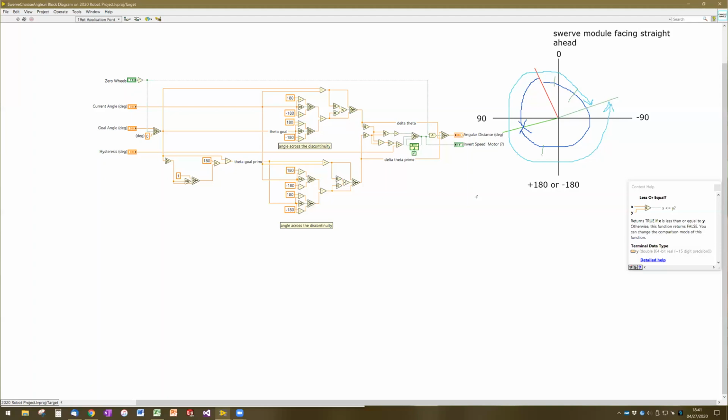The other place that this was used this year was on the cowl angle. So the cowl would change angle based off of its distance away from the target. Again, we don't want to have an oscillation right at the border of the decision. So if it was already close, it stayed, I think, retracted for a little bit longer than if it was coming from further away.